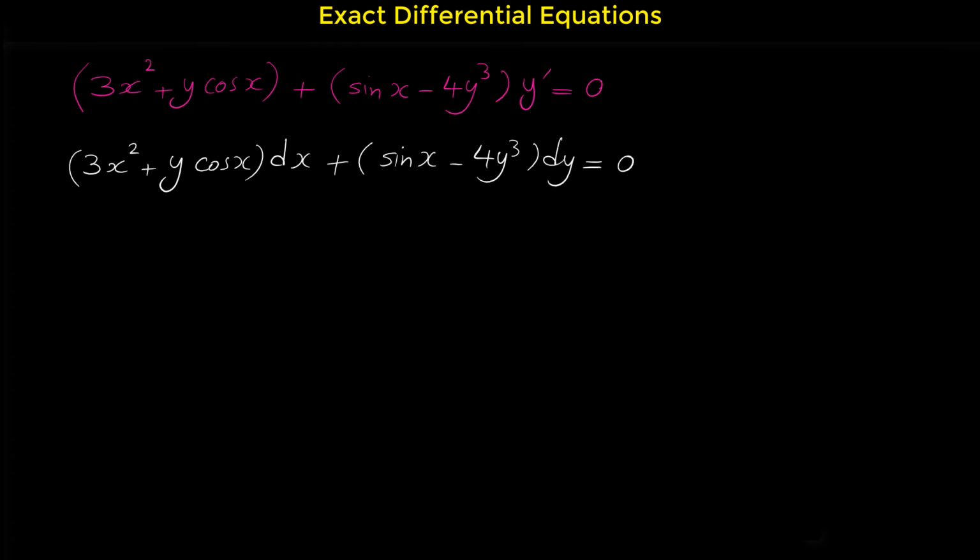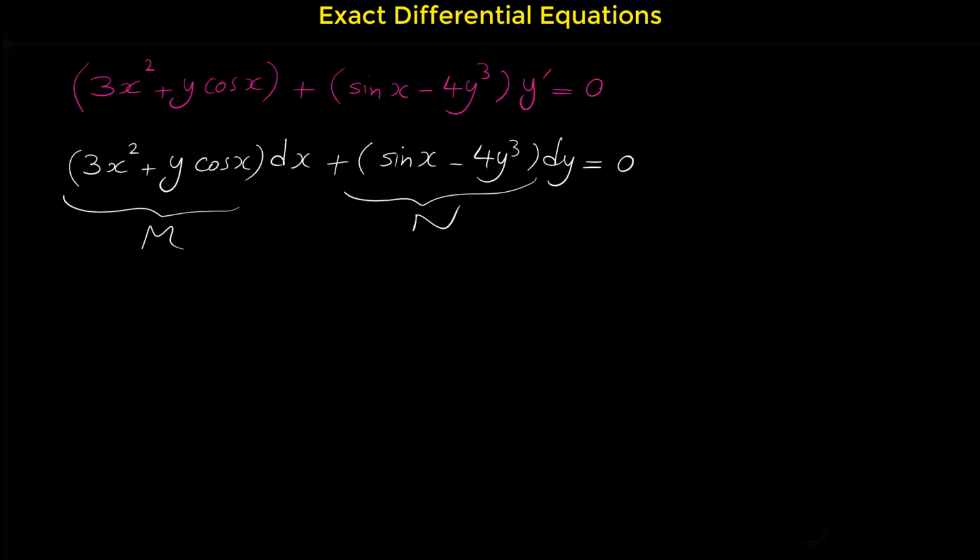Now the differential equation is in the differential form, or in a more symmetric form. We have a function of x and y, which is M dx, and a function of x and y, which is N dy, equal 0.